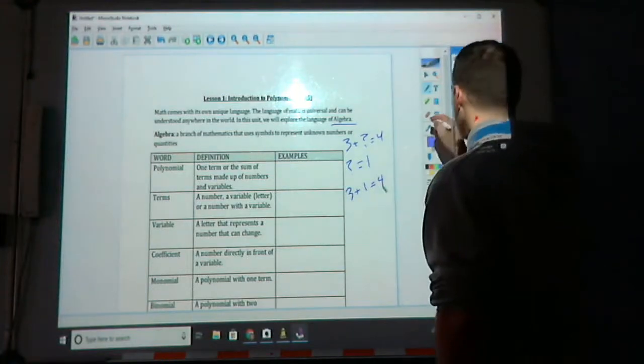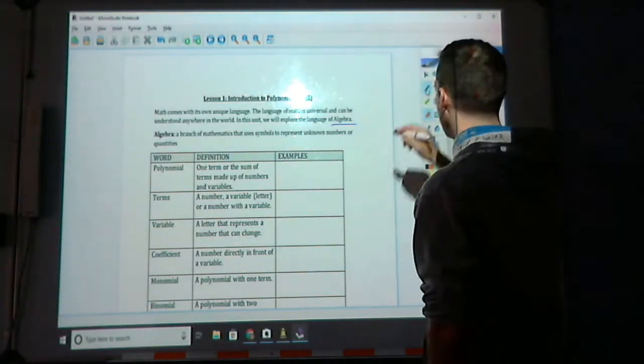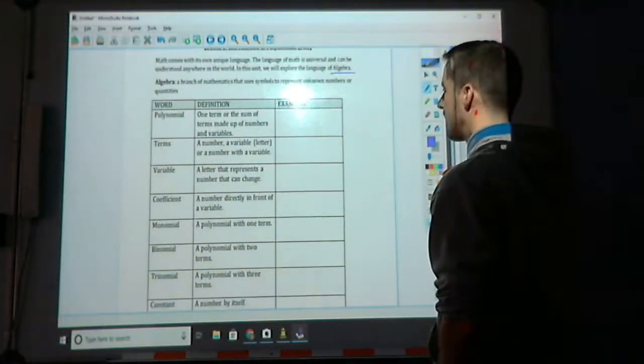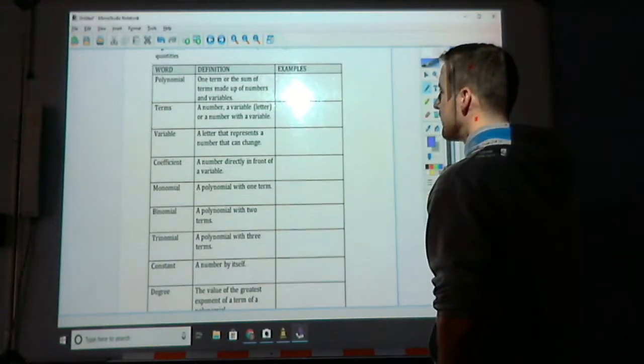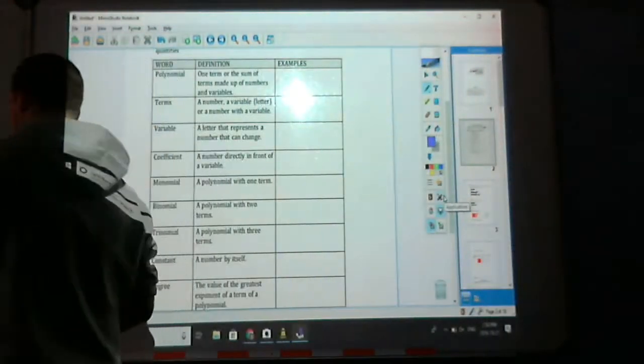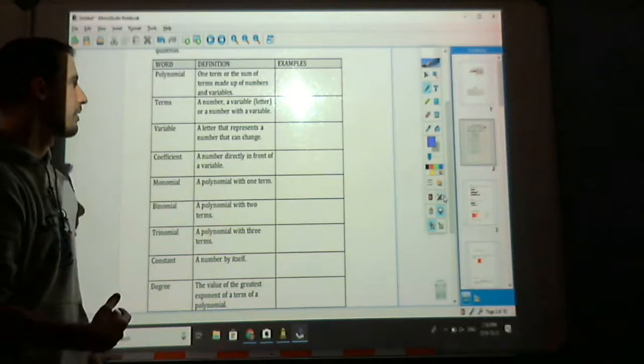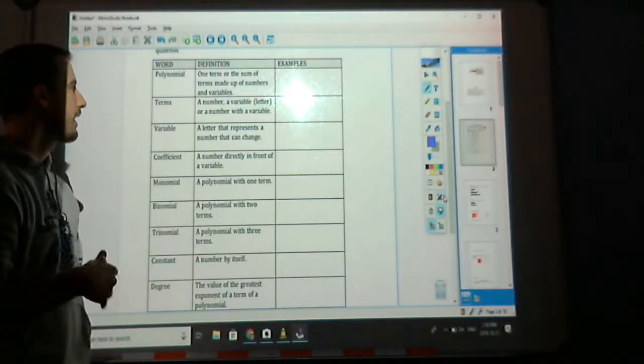Okay, but that's not what we're going to focus on anymore, because that's something I think we can do from the time we start to add almost. Okay, so let's look at some definitions, and then from there we'll be able to use those definitions. Okay, so a polynomial is one term or the sum of terms that make up the numbers and variables.